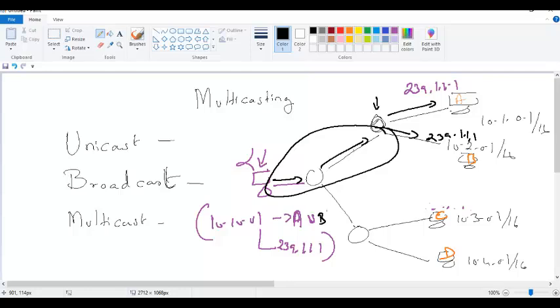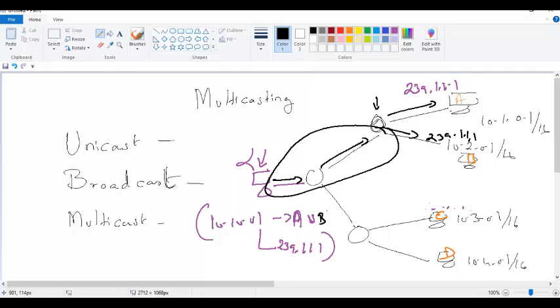So what I'm trying to say here is broadcast is also bad. Unicast is also bad when it comes to communication between a group of devices. When you're planning to talk to more than one, when you're planning to talk to a group, don't do unicast, don't do broadcast.